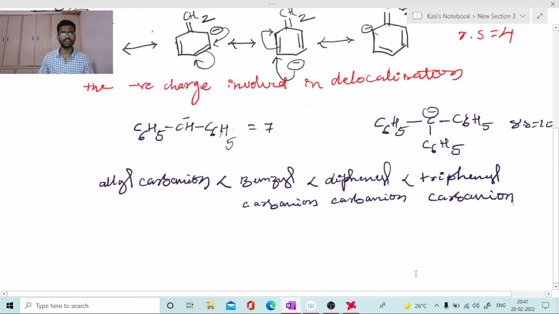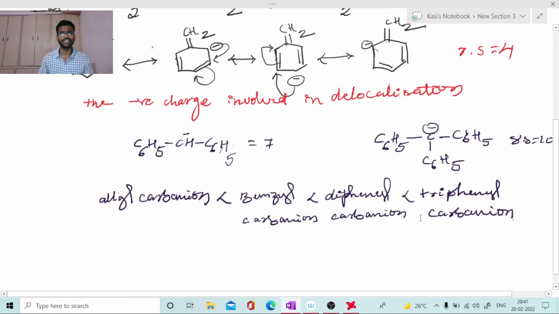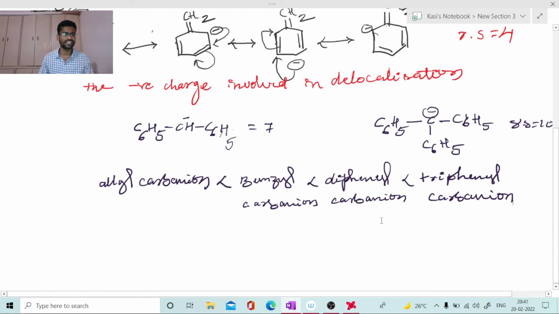The reason is that the negative charge can be involved in the delocalization, so more resonance structures are possible. The more the resonating structures, the more the stability. So this is the order.